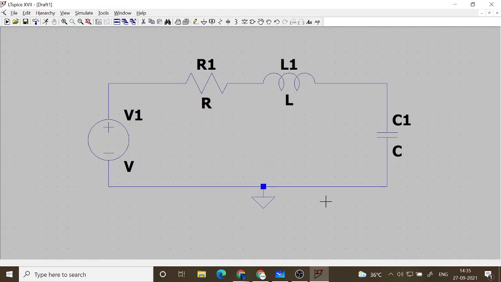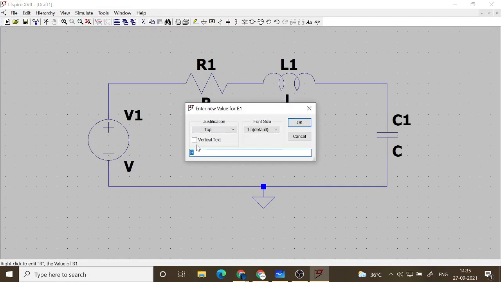Next step, for the simulation to run, you need to give values. You cannot run the simulation without giving values. So you can give some values. Later we will change these values and see what happens.